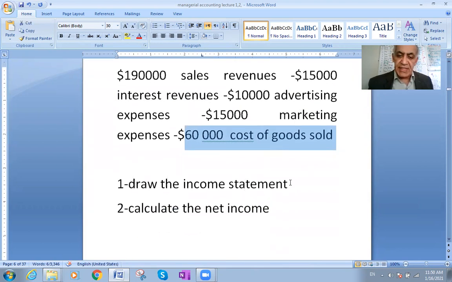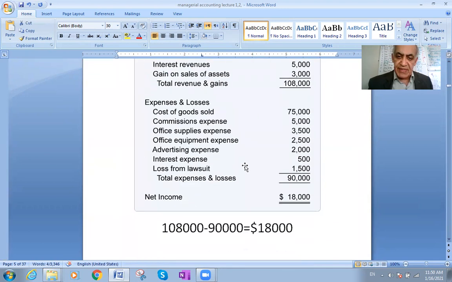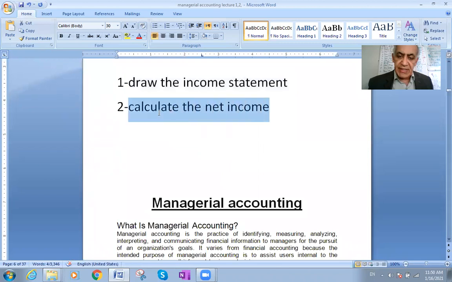What I need is for you to draw the income statement exactly like this figure, in report form, and calculate the net income as well. So please do that. I will be waiting, then we'll discuss the results.